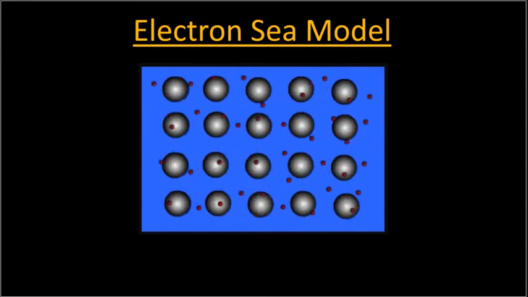So what happens is the electrons of a particular metal atom don't stay, and they're not taken away either. It's just kind of the electrons float around between all of the different metal atoms.